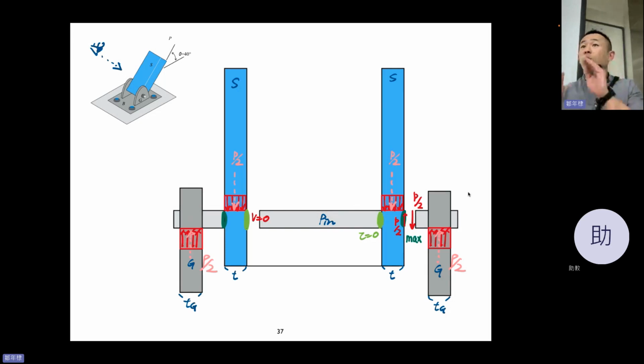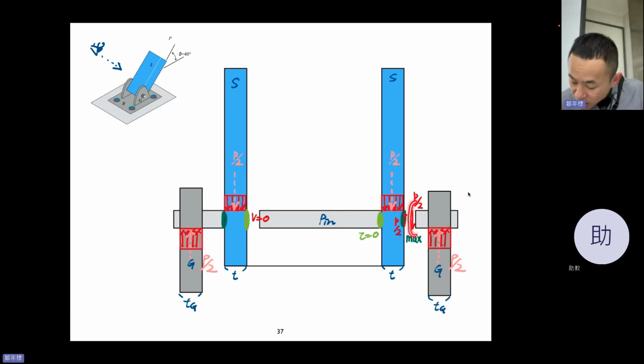But moment we will mention in the next few chapters, since it is a more advanced skill. We will talk about it later. Because now we just need to understand force and stress, we just need to balance the force at this moment.